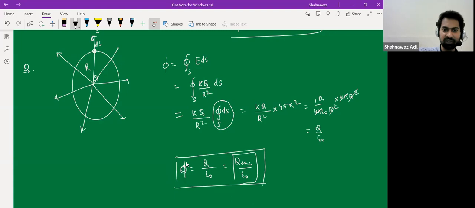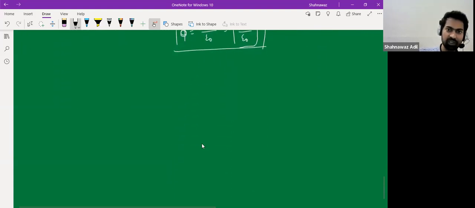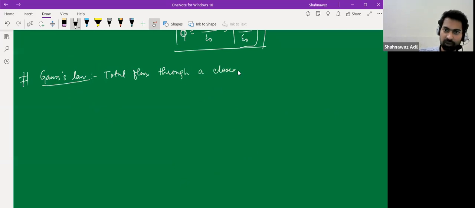You see that the flux for a closed surface is Q by epsilon naught. So this is what is called Gauss law. So what is Gauss law? It says that the total flux through a closed surface is 1 by epsilon naught times the charge enclosed.